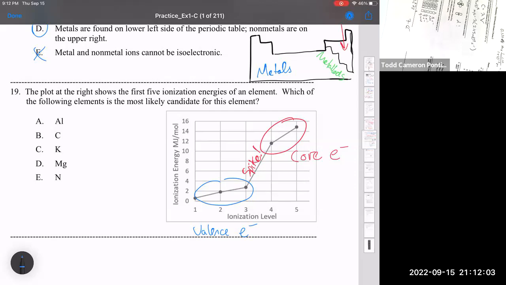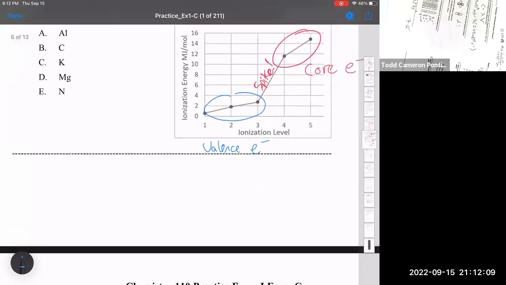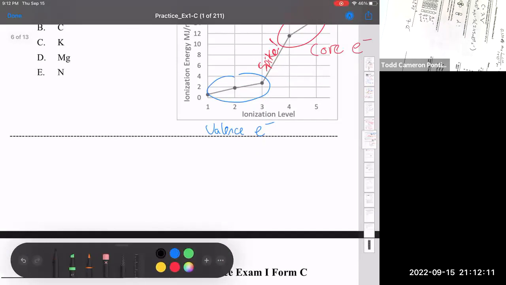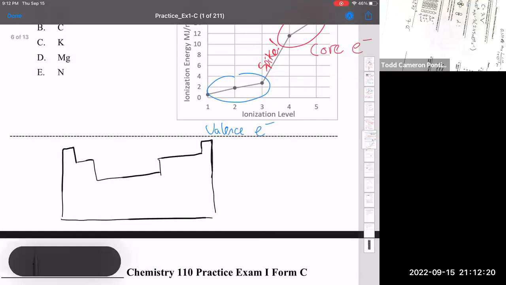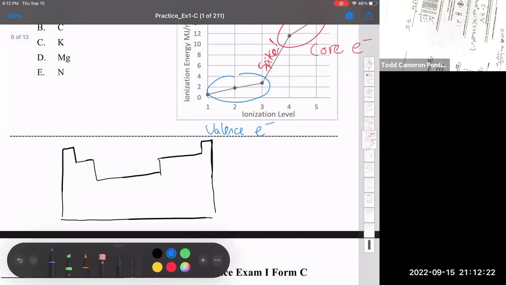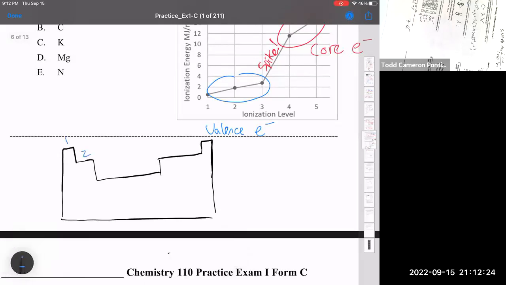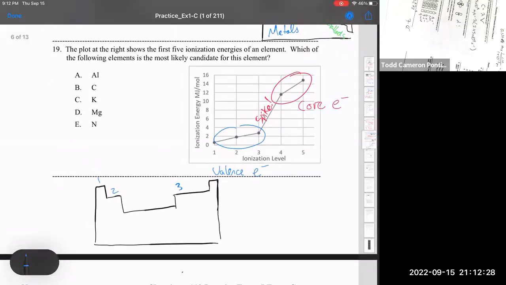Since we have 3 valence electrons, what we do then is consult our periodic table of the elements. The group number is equal to the number of valence electrons. So we're looking for something in group 3, and that is going to be aluminum.